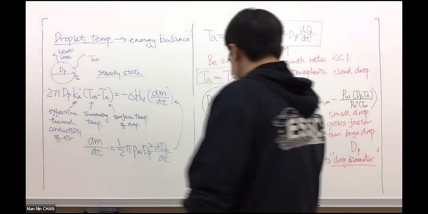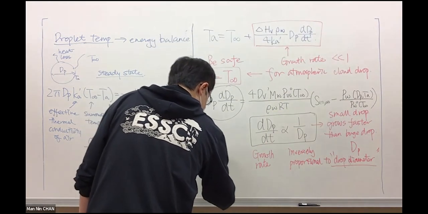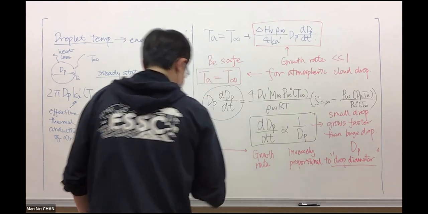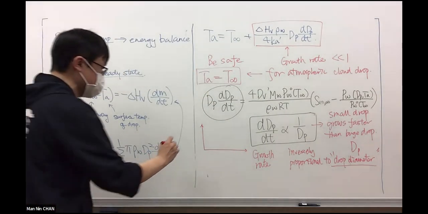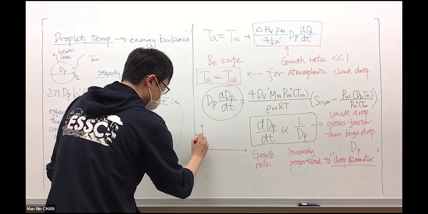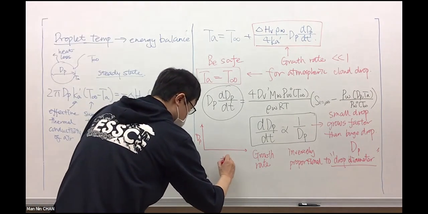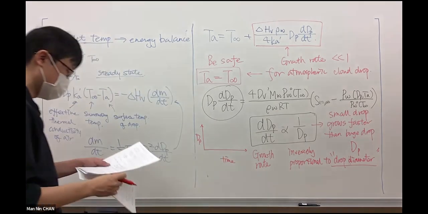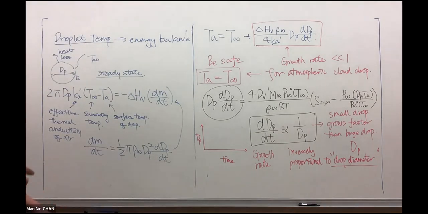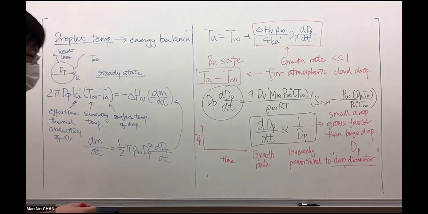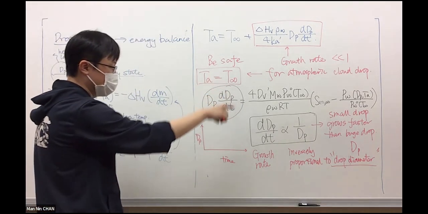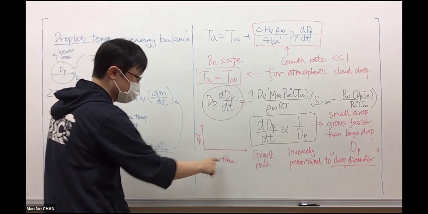What this means is that if you plot a graph, let's say this is the diameter or size of your droplet, and this is time, under similar conditions you allow two particles with different sizes to grow as a function of time.